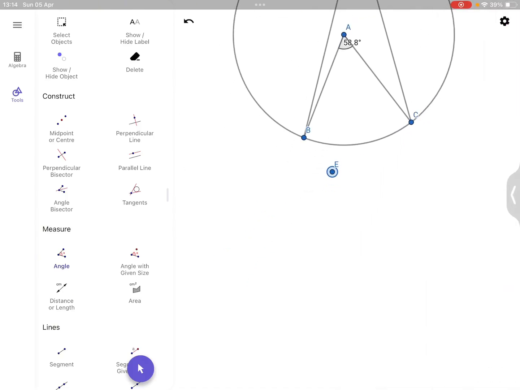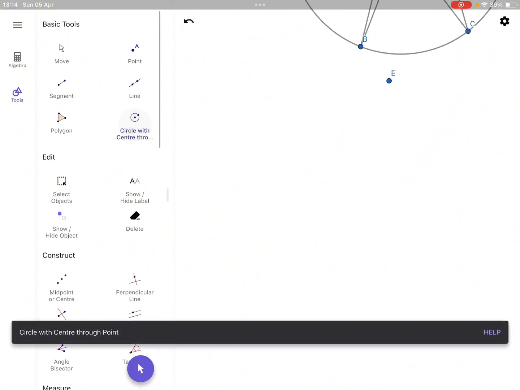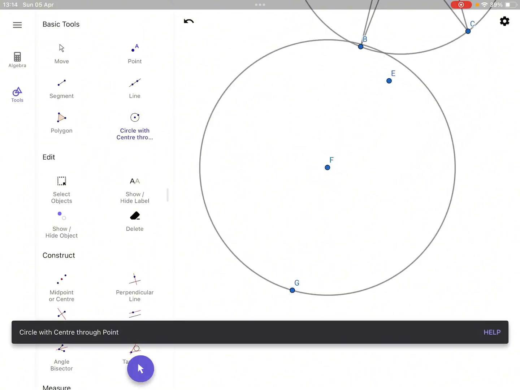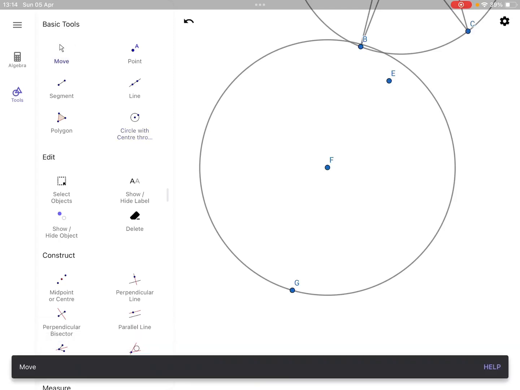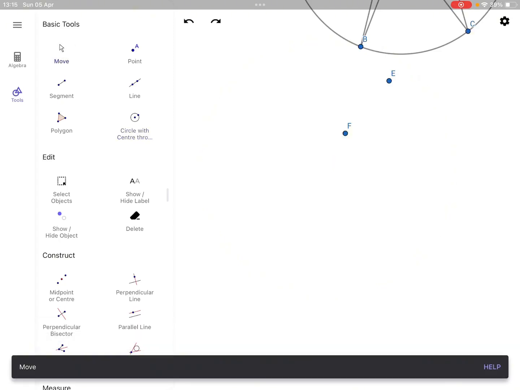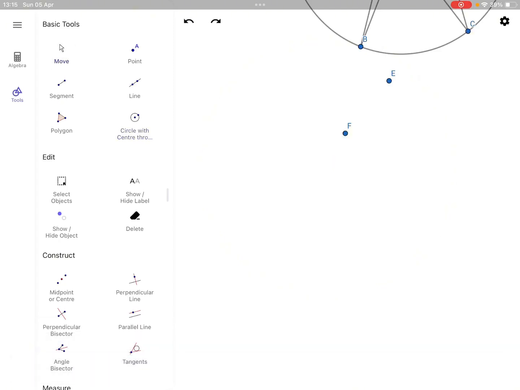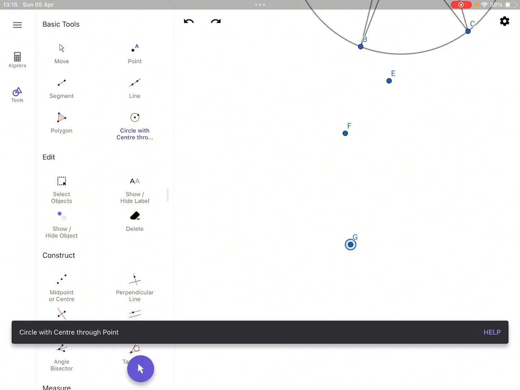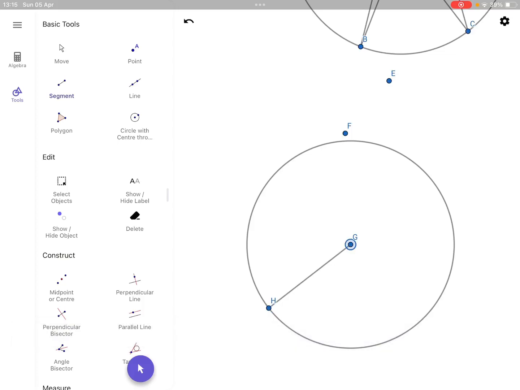And then, okay, let's look at another case where we're going to have this type of situation. We have the angle subtended by the arc, and then we have an arc here.